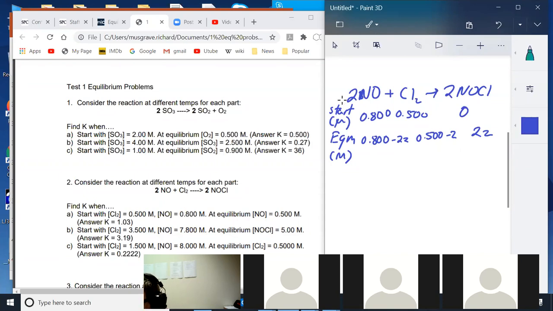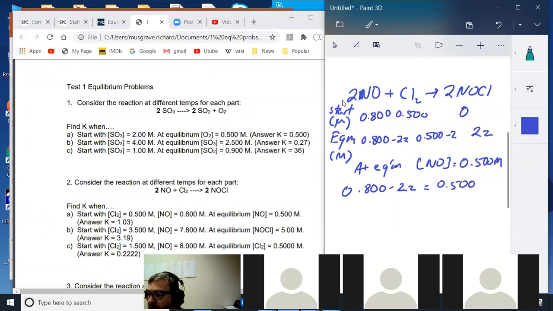So we can calculate Z now, because we know that the equilibrium concentration of NO is 0.500. What that means is that 0.800 minus 2Z equals 0.500. So we have to do a little bit of algebra to figure out what Z is.